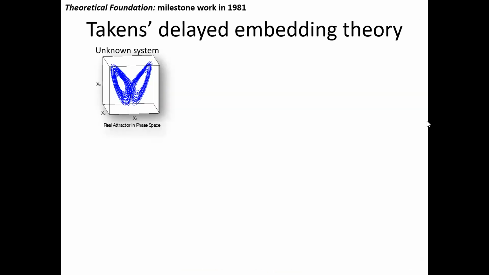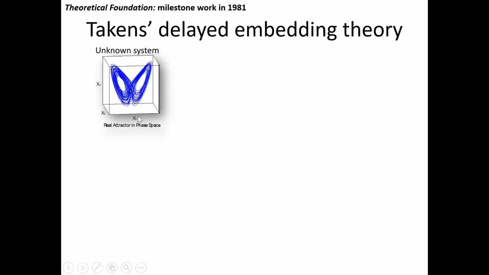Okay, so let me show the theoretical part. Before we make the prediction, the theoretical foundation is Takens' delay embedding theory. This is a complex system like a biological system. We have 20,000 genes, plus more proteins, so it's very complicated. They have very complicated behavior, like the circadian rhythm.